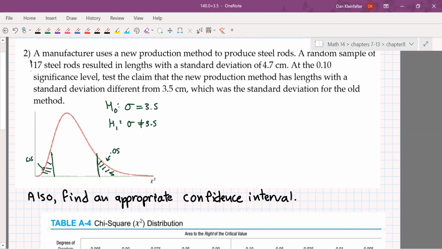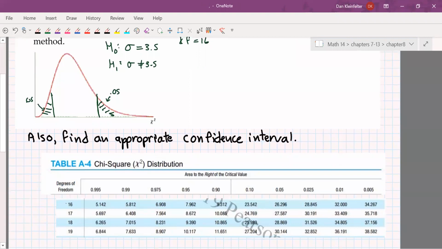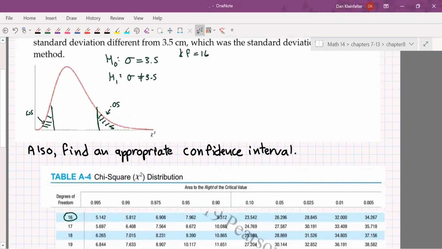Our degrees of freedom will be 16 because 17 rods were tested. For our critical value on the left, we have an area to the right of 0.95. So that will be 7.962 for our critical value.